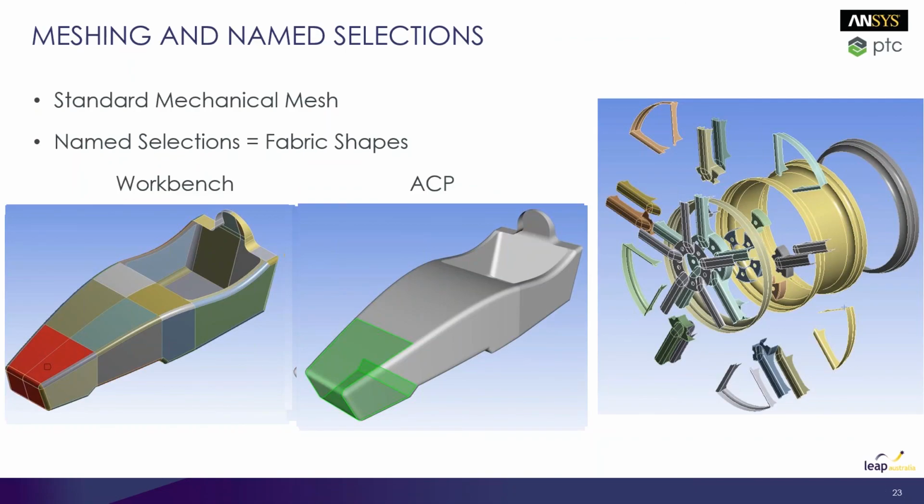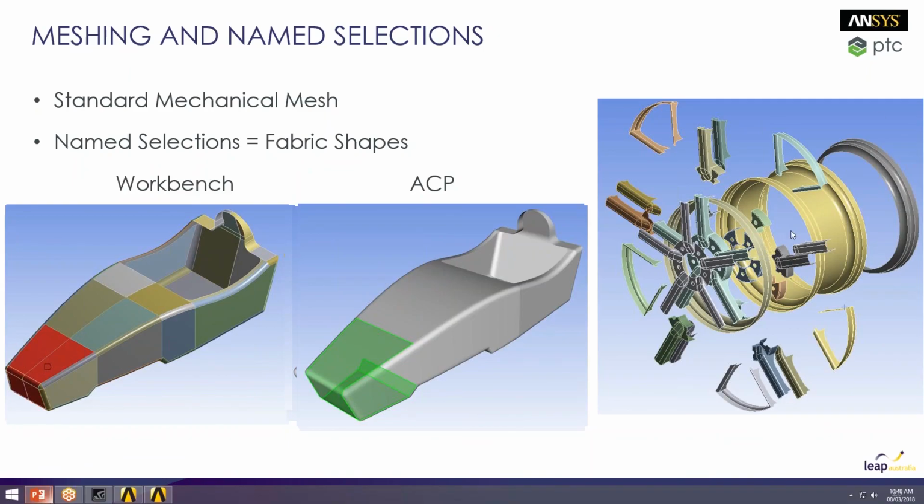The way we do that is, once we've meshed our model, we use name selections to specify the fabric shapes that we want to bring into ACP. Whatever name selection I specify in Workbench will be there in ACP.